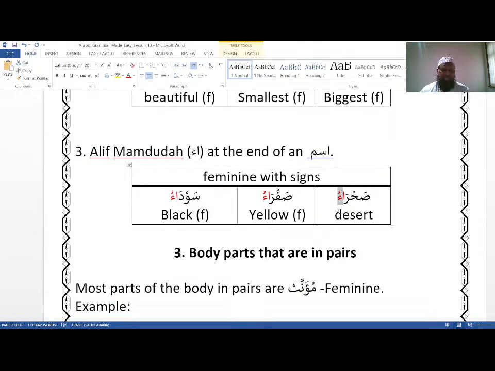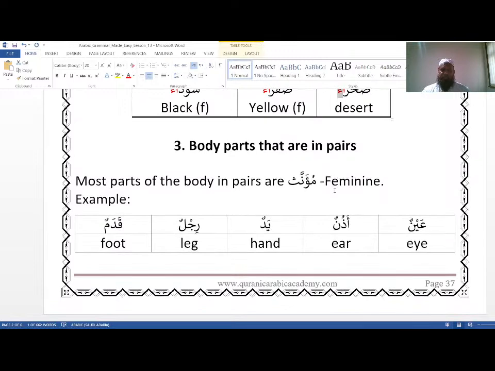Number three, body parts that are in pairs, as we've learned. Most parts of the body in pairs are muannas. Let's go through them. Aynun, eye, udhunun, ear, yadun, hand, rijlun, leg, qadamun, foot.